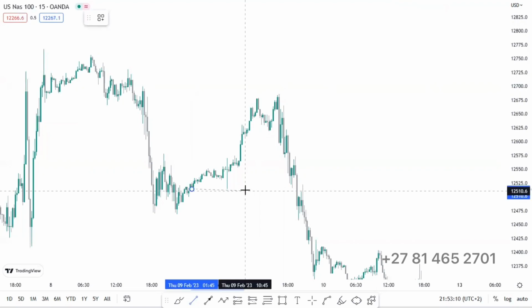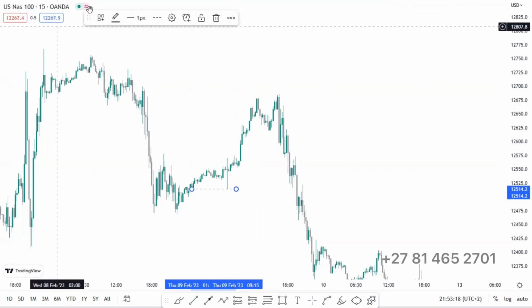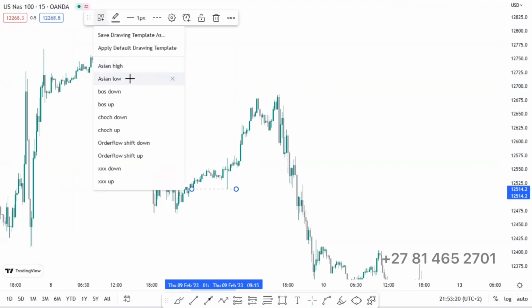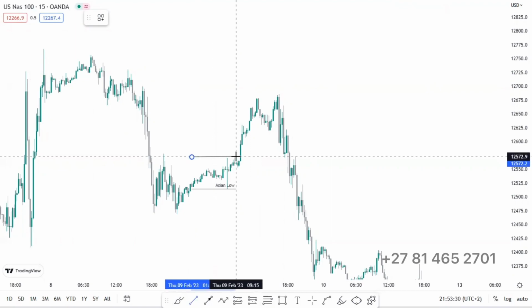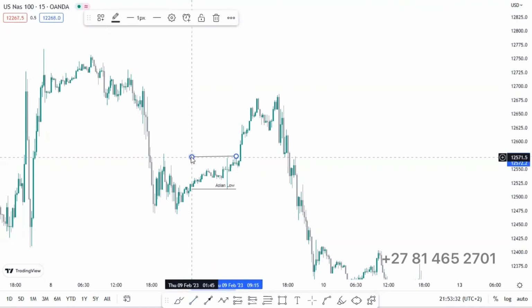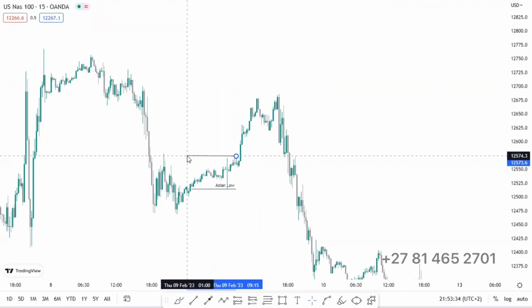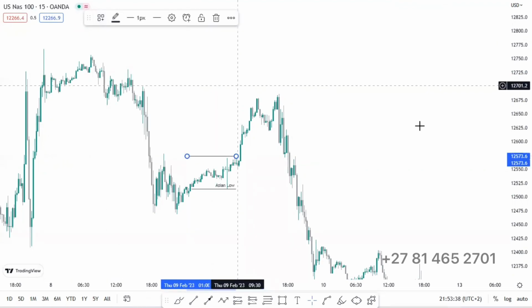I just marked the low here, 1 a.m. to 9 a.m. That's fine. That will be our Asian low there. Also mark our Asian high from 1 a.m. to 9 a.m. Just around there. Just mark that high also. So that's our Asian high there.